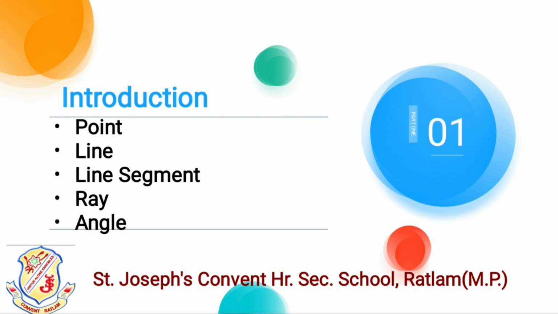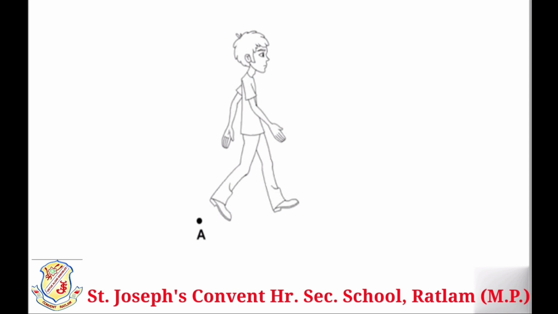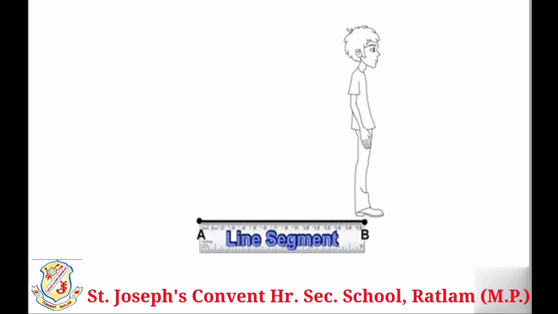So let's start. Suppose a man is standing at this point, let's say A. The man started walking from this point and stopped at another point, let's call it point B. So we have the starting point A and the ending point B. The distance between these 2 points is called the line segment, and the length of this line can be measured easily.